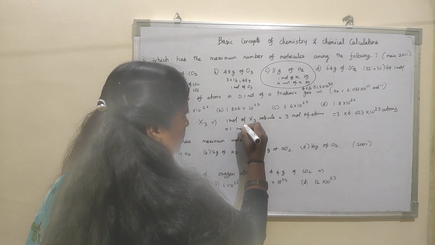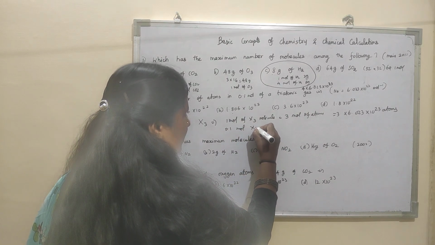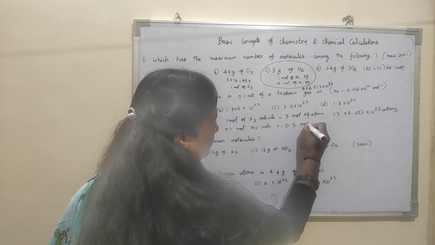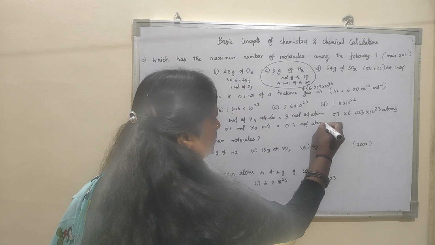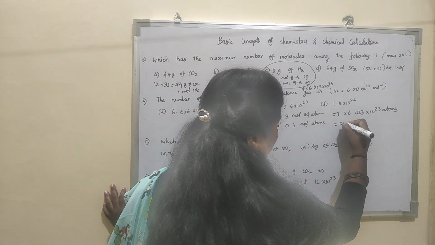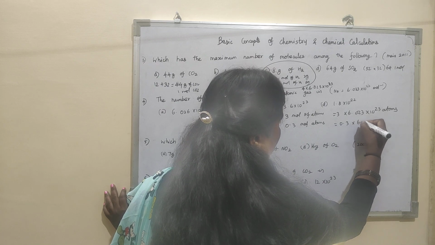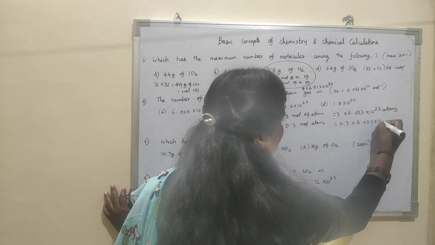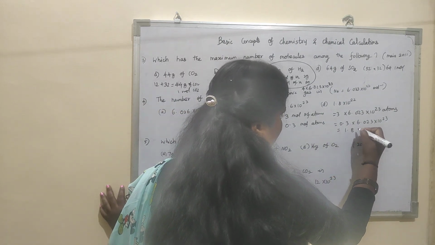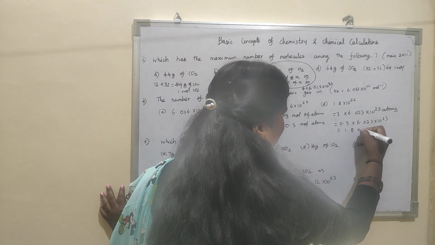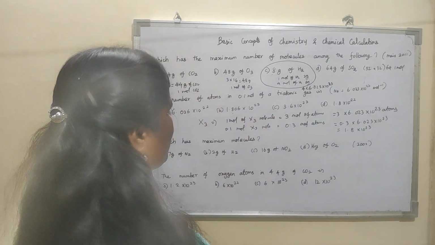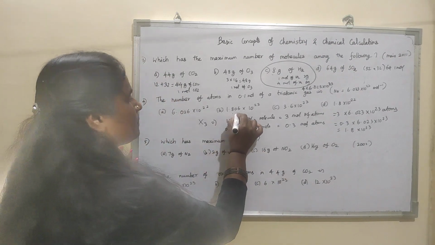So 0.1 mole of triatomic molecule will contain 0.3 mole of atoms, which is 0.3 into 6.023 into 10 to the power 23. So this will be approximately 1.8 into 10 to the power 23. The power doesn't change, so the option will be B.